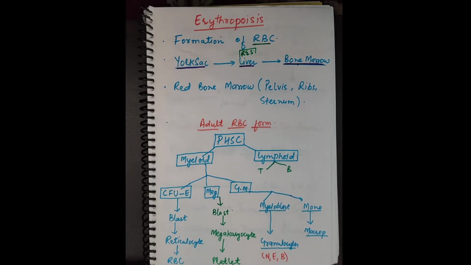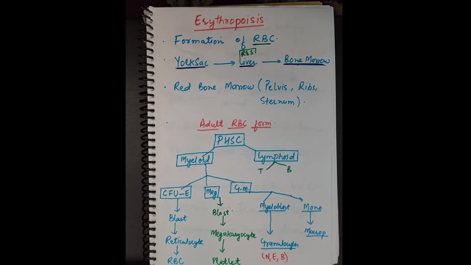We have two kinds of bone marrow. One is red bone marrow, another is yellow bone marrow. Yellow bone marrow is not involved in the synthesis of RBCs because it contains fat. Red bone marrow is involved in the synthesis of RBCs because it possesses some very important cells which are known as pluripotent hematopoietic stem cells.